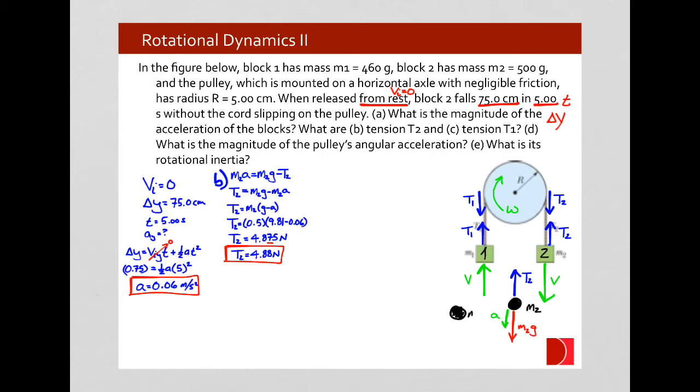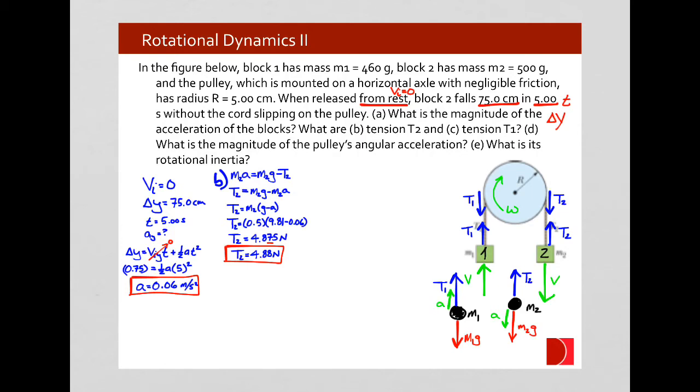Looking at mass 1, we know that we have gravity acting downwards, and we know that we have T1 acting upwards, and for mass 1 we are moving upwards and we are accelerating upwards as well.